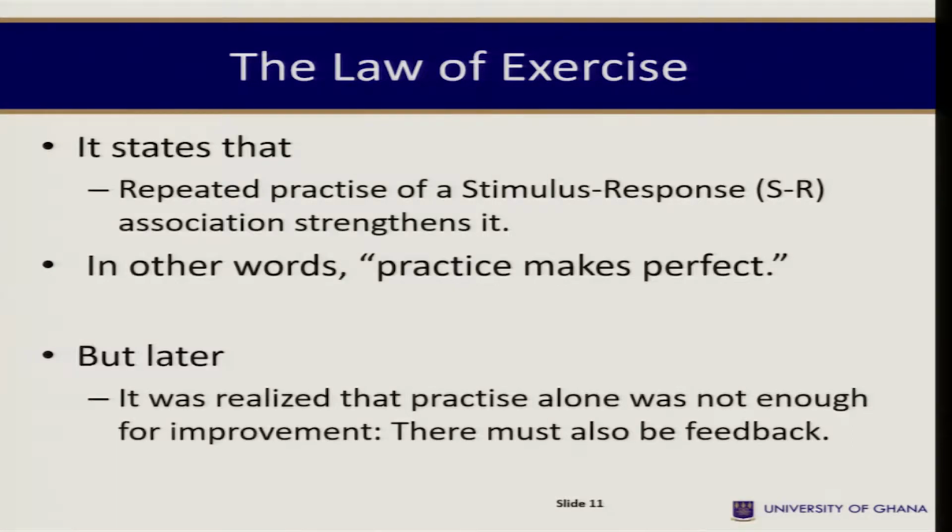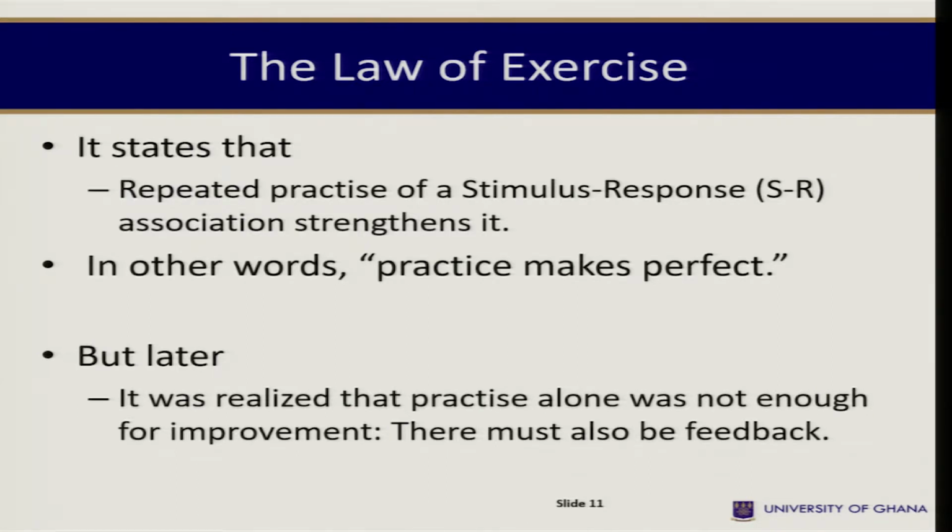Now the law of exercise. The law of exercise states that repeated practice of a stimulus-response association strengthens it. In other words, there is this saying that practice makes perfect. So when you repeatedly perform an action or engage in the behavior, the likelihood is for there to be perfection. But is that really the case?